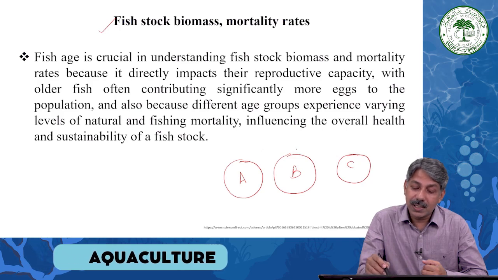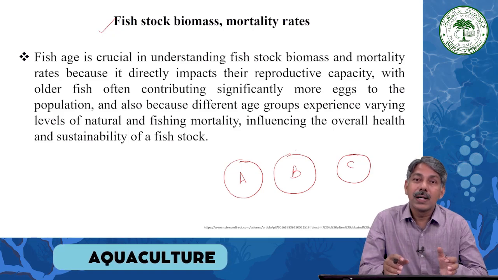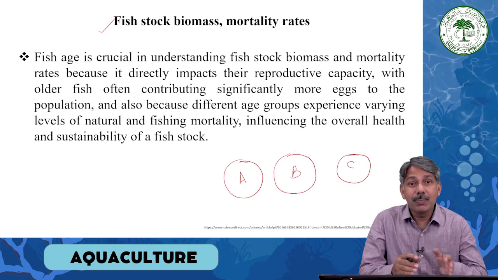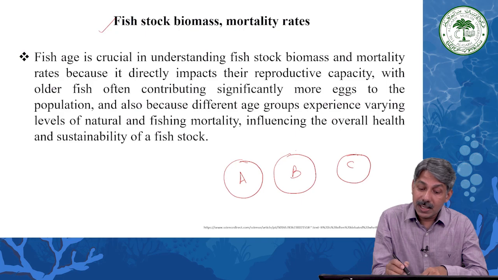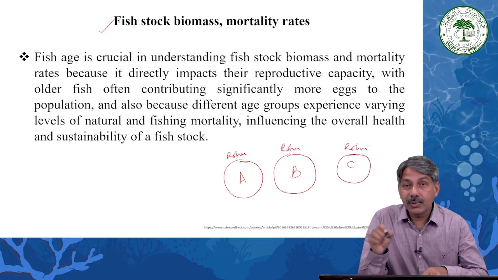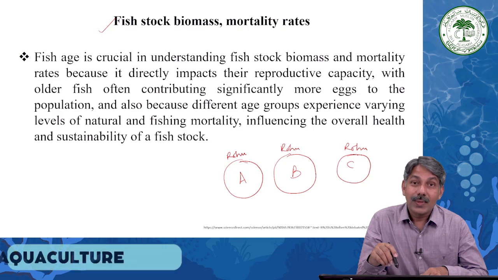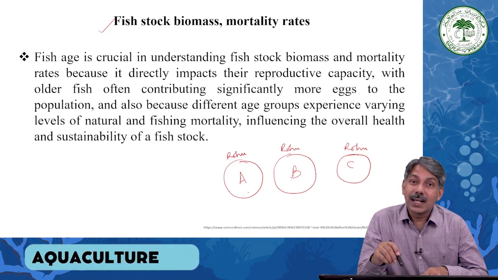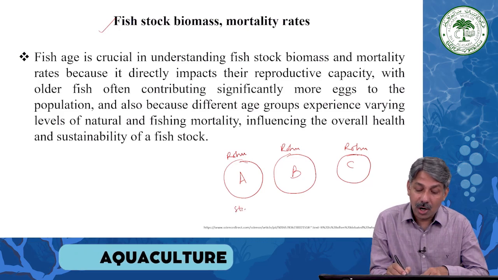So if the upper stretch, middle stretch and lower stretch have distinct conditions for the survival, growth, feeding and breeding of Labeo rohita living in that region, then although Rohu is found in all three regions and they are of the same species, they have different biological and habitat characteristics, and based on that, each one will be called a separate stock.